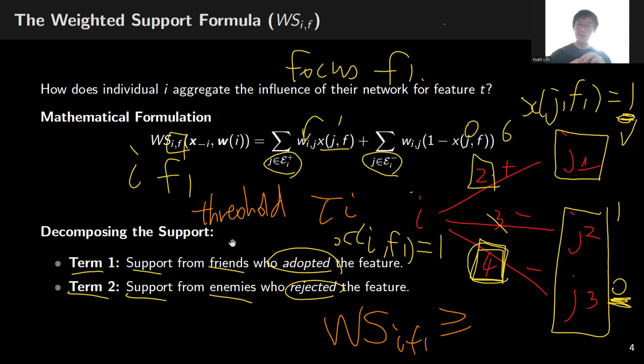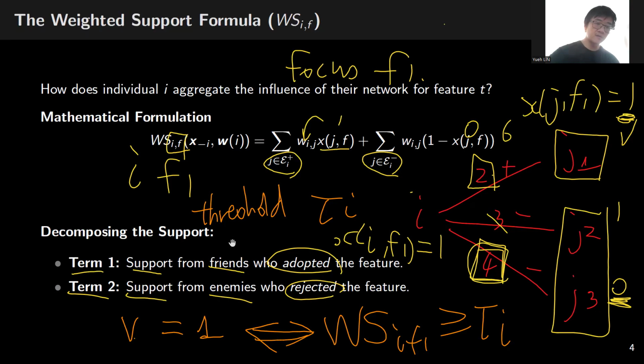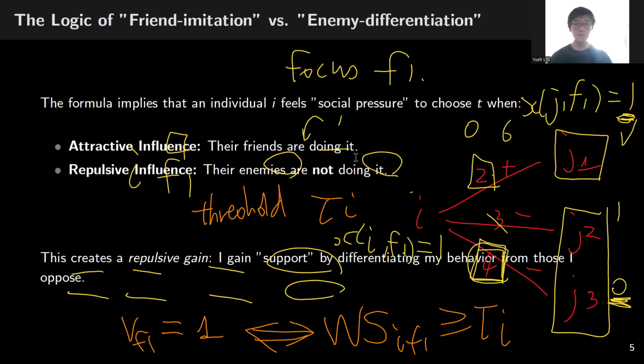If the weighted support is greater than the threshold of individual i, then the influence is greater than the threshold, and it votes 1. On the other hand, if the weighted support is smaller than the threshold, then it will vote 0. So the vote of individual i is defined this way with respect to that feature, which we're going to see in the next slide.